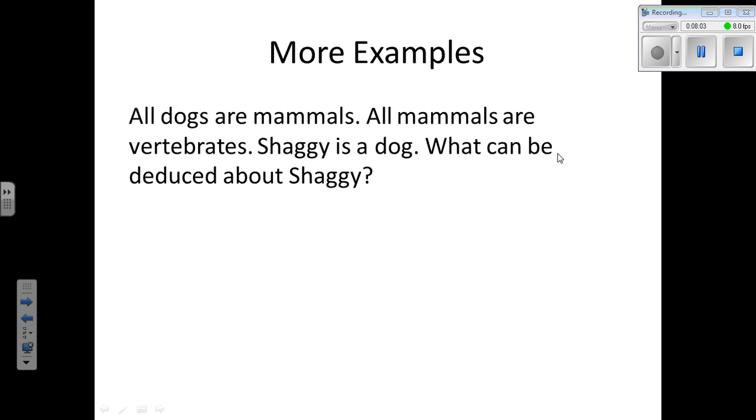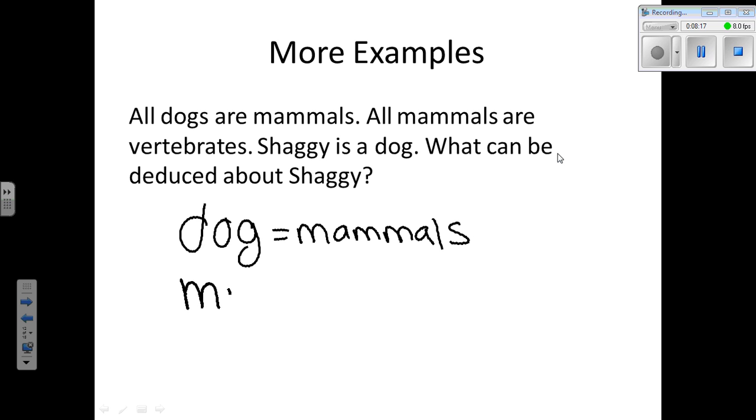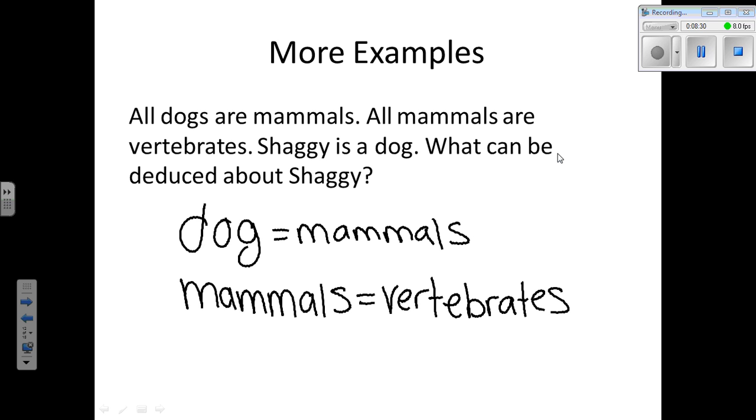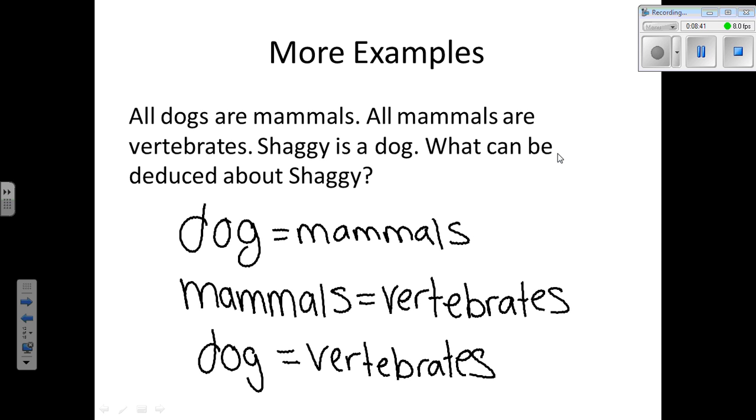Well, I can deduce that since all dogs are mammals and all mammals are vertebrates, all dogs are vertebrates. So, Shaggy is a vertebrate.